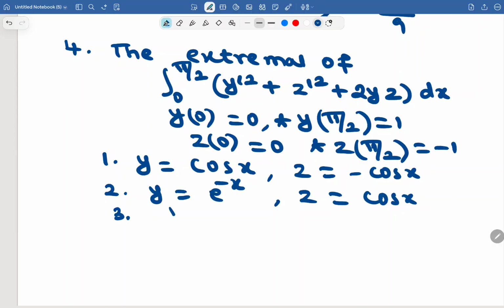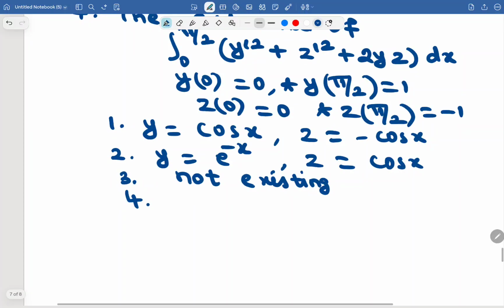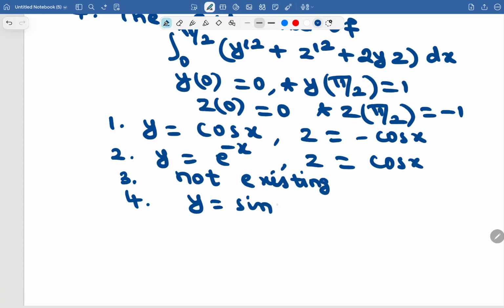Third one, not existing. Fourth one, y equal to sin x, z equal to minus sin x.